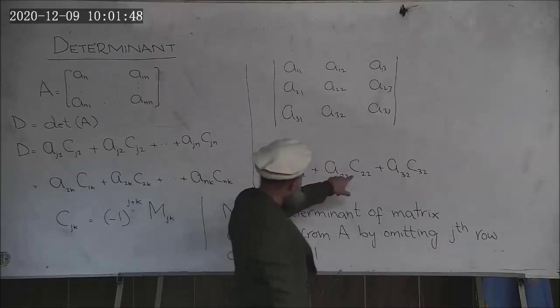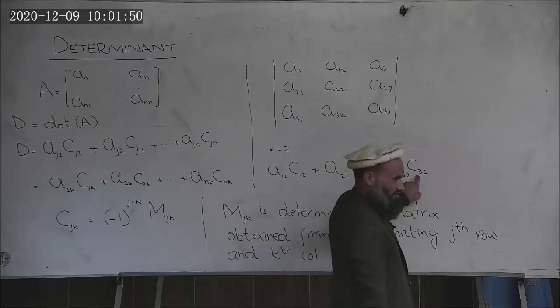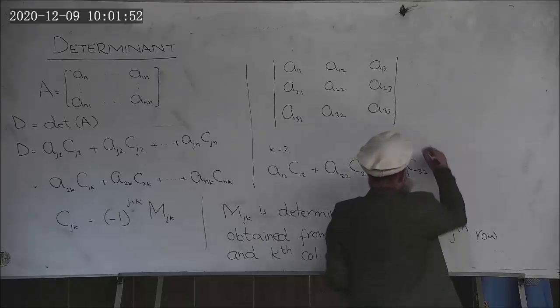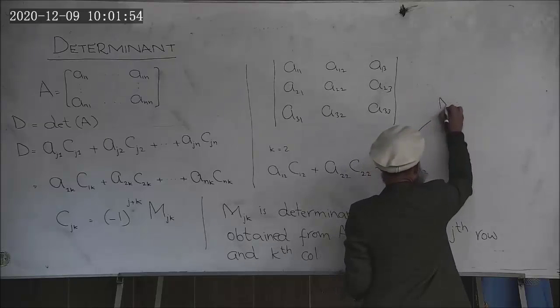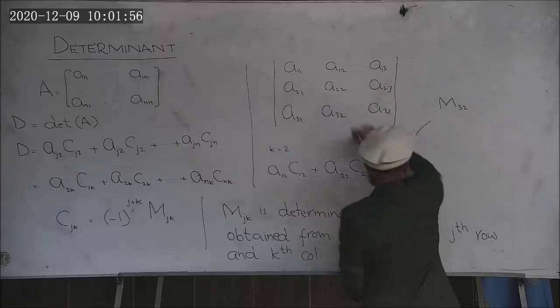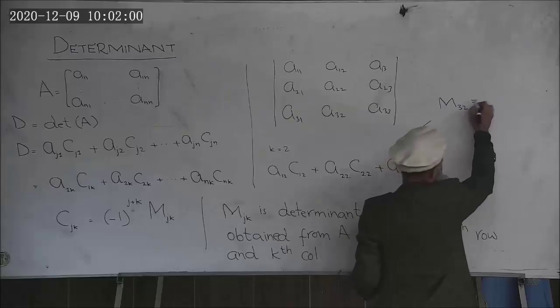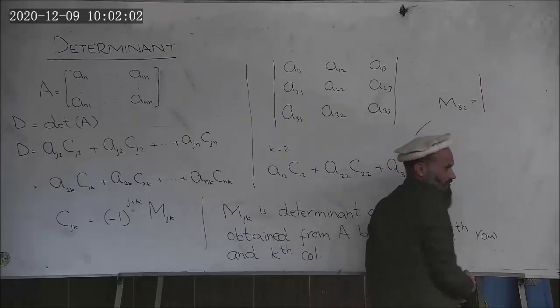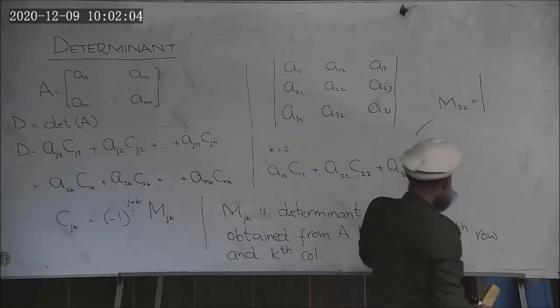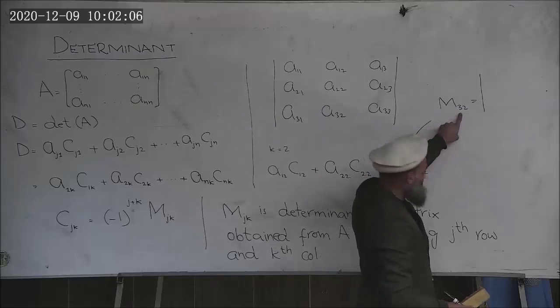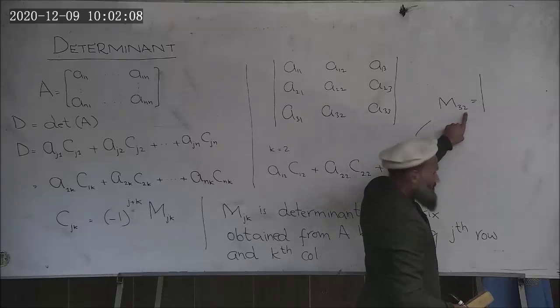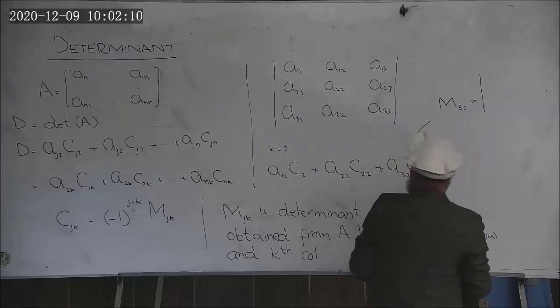For example, what is M32 for this matrix? It will be the determinant of a matrix obtained by omitting the third row and second column.